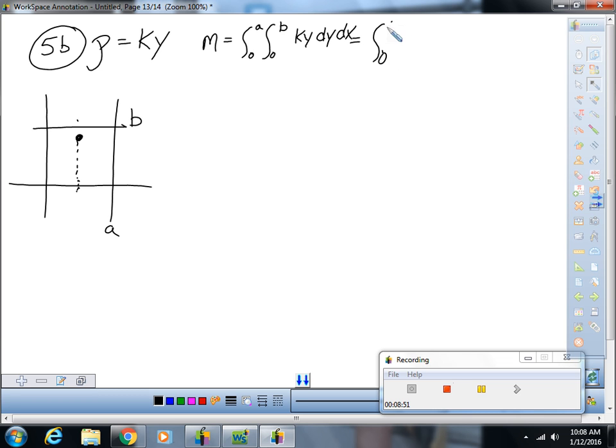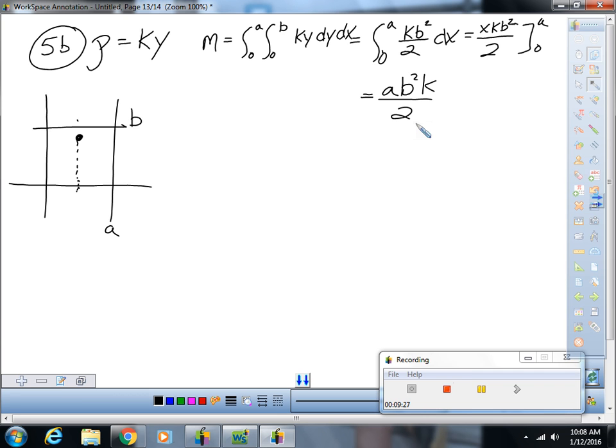So from 0 to a, that's kb squared over 2 dx. All right, so that's going to be x kb squared over 2 as x goes from 0 to a, and we're going to have a b squared k over 2, and I'm sorry that I keep changing the order.